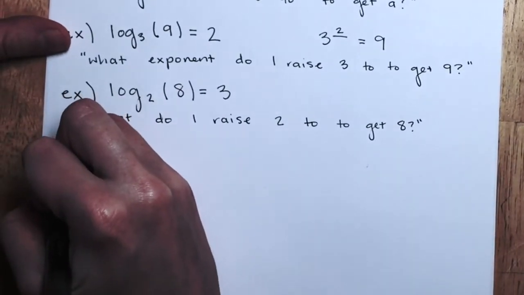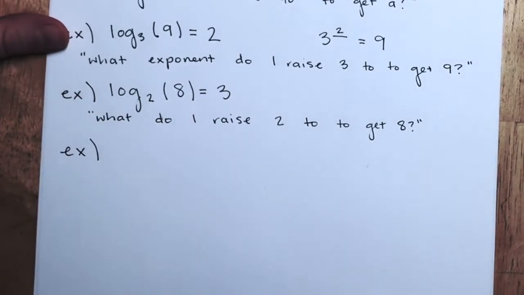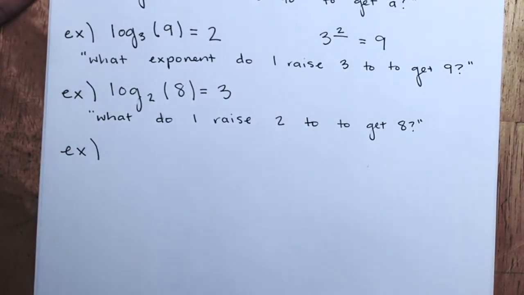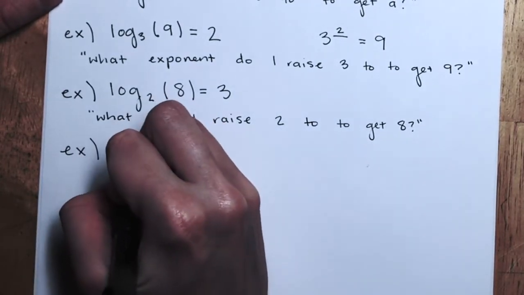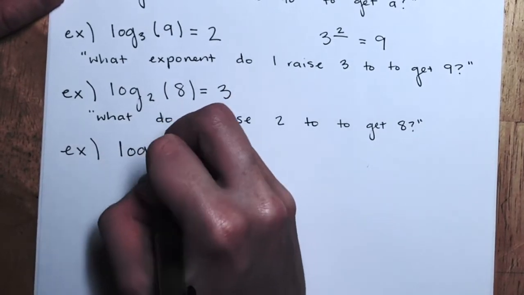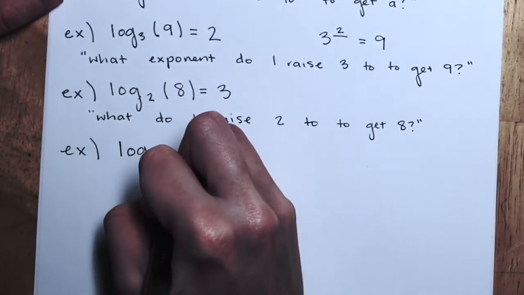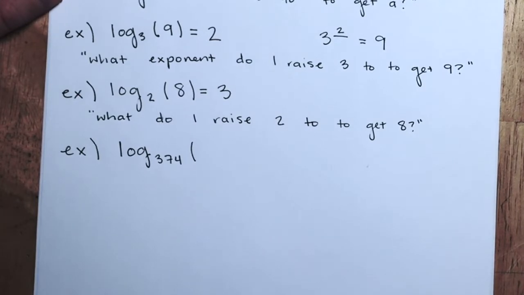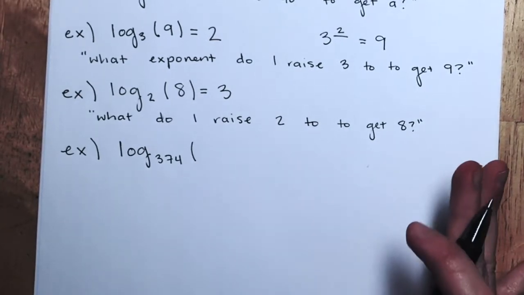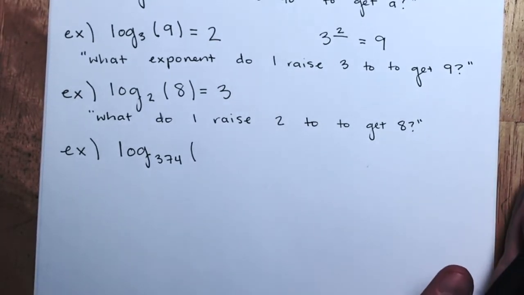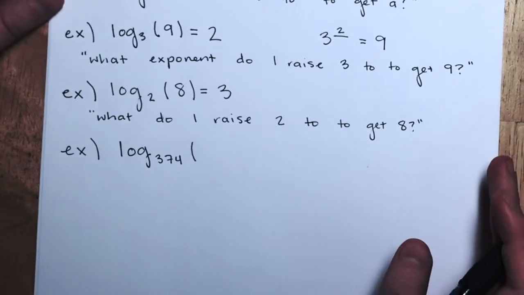All right, this is one of those tricky questions, hopefully you know your exponent rules. Let's say I've got log base 374 of 1. Super big. We must be dealing with something super hard. I'm just kidding.